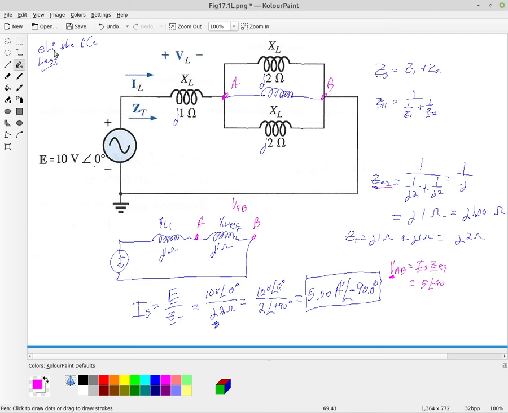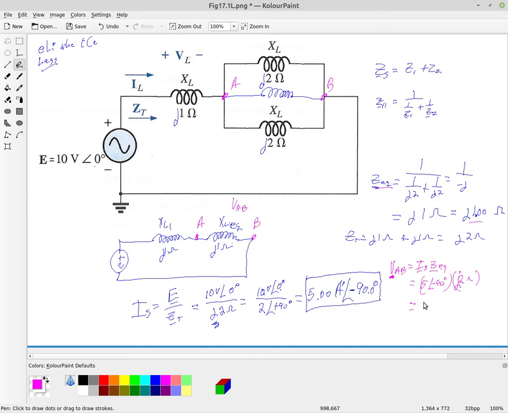Again, remember the minus 90, the current is behind the voltage, times R2 times J, it doesn't matter really if you put the J in front or behind there, but J2 ohms.